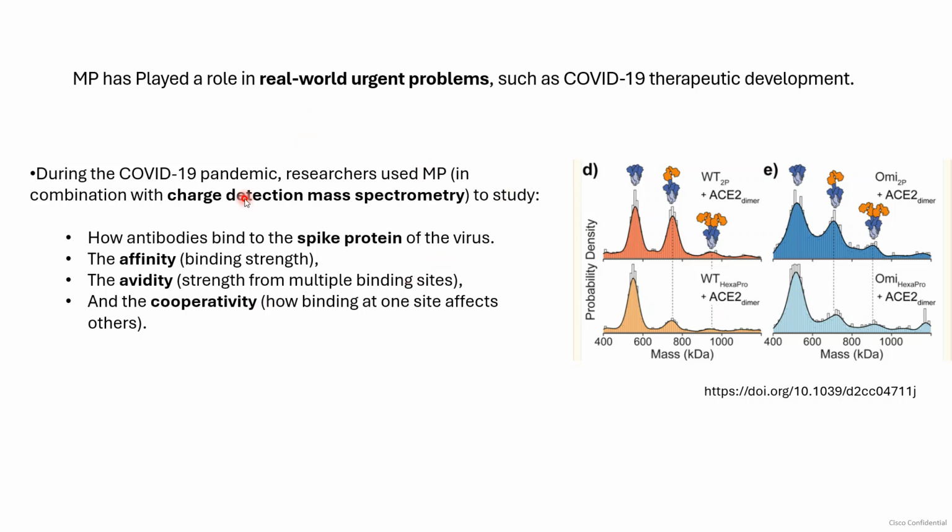Mass photometry can, in a very short time, check the antibody affinity, avidity, and cooperativity with the spike proteins.